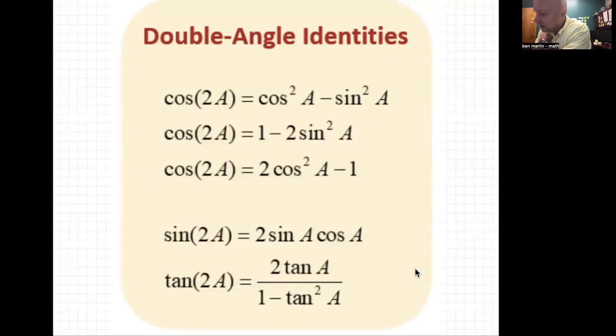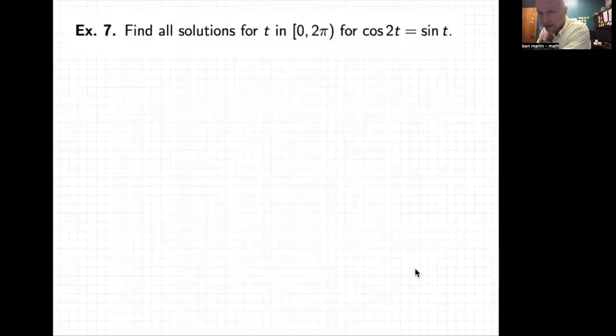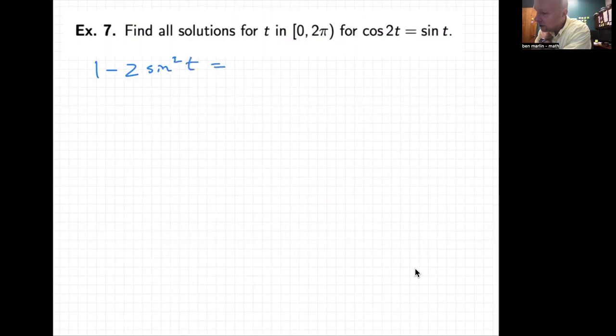Okay. So the reason that I want to use that one is that the other part of the equation has a sine in it. So now I'll have 1 minus 2 sine squared t is equal to sine t. I will have only sines, and that will be better. Okay.